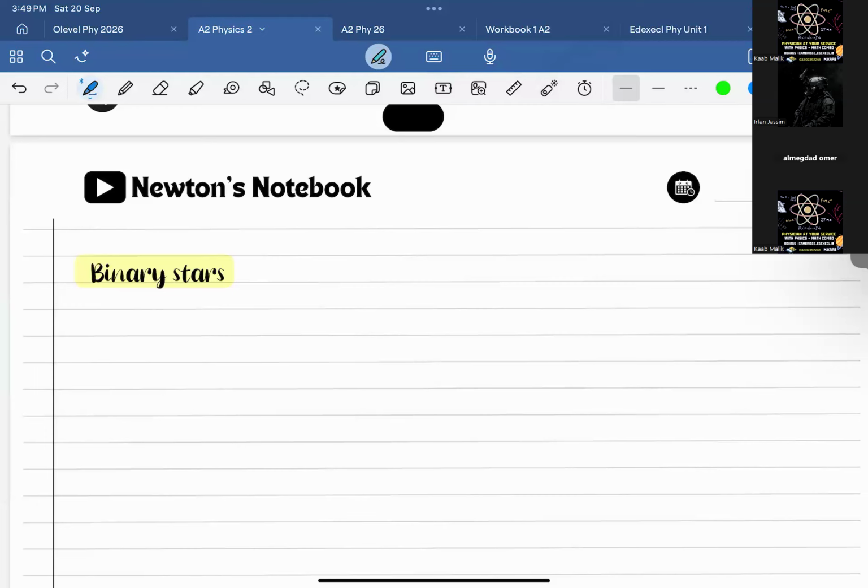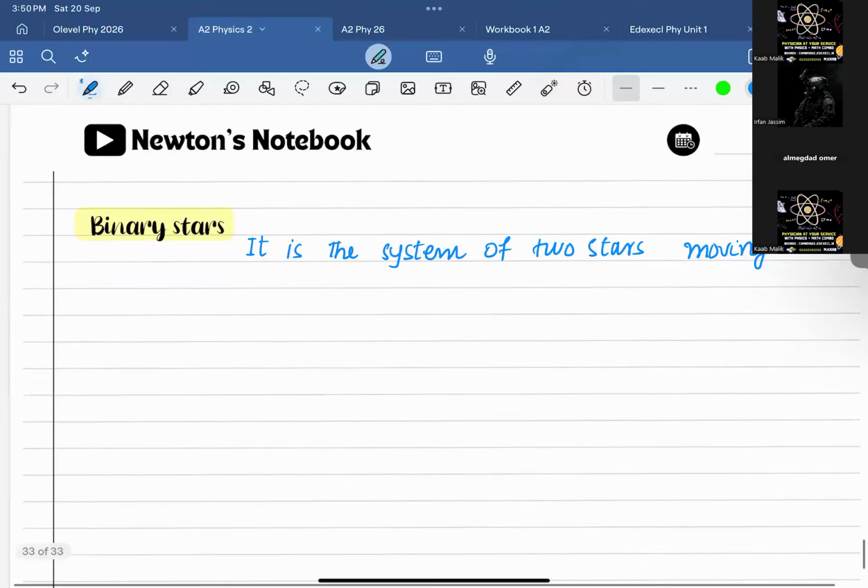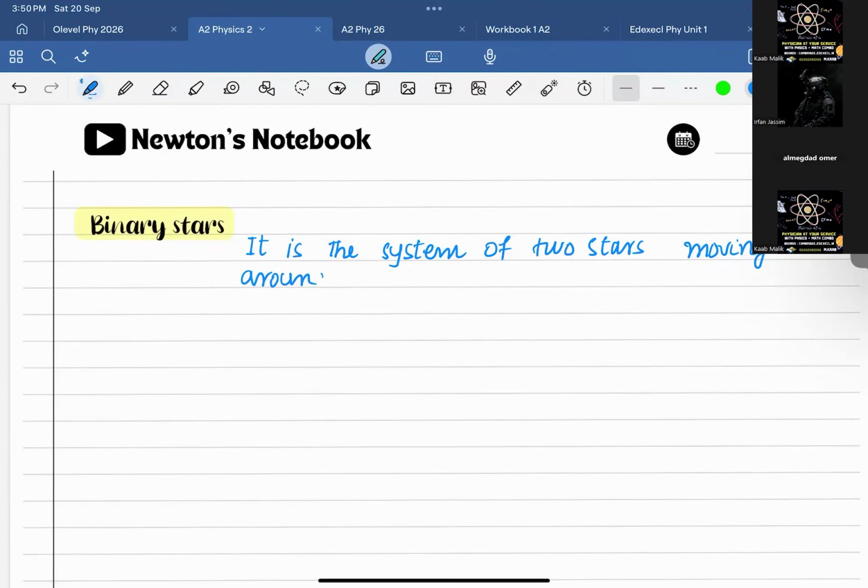Okay, so we can say that it is a system of two stars moving around a common center.